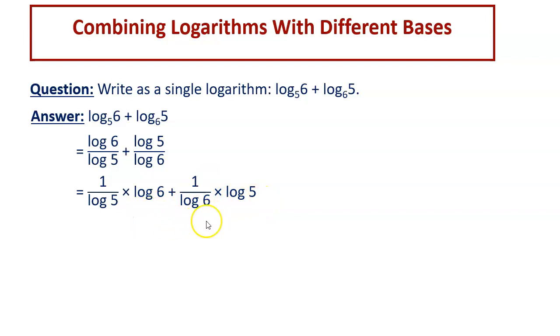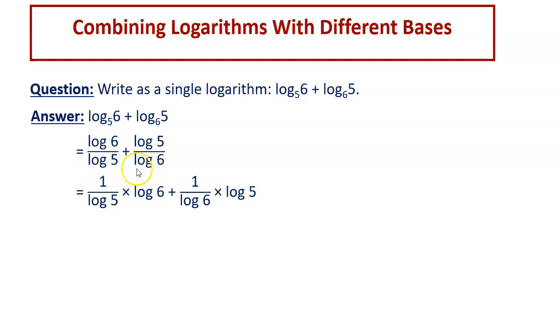Why are we writing this expression in this form? Because in order to combine logarithmic terms, we know that we cannot combine fractional logarithmic terms, meaning we have a logarithmic term in the numerator and another logarithmic term in the denominator.